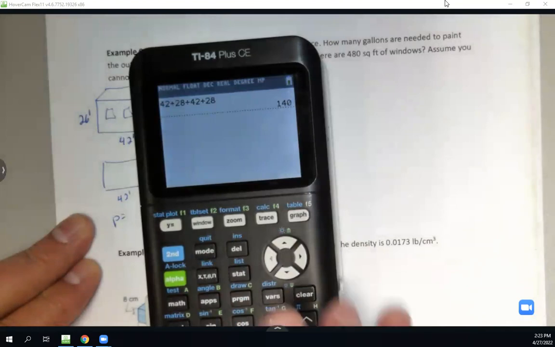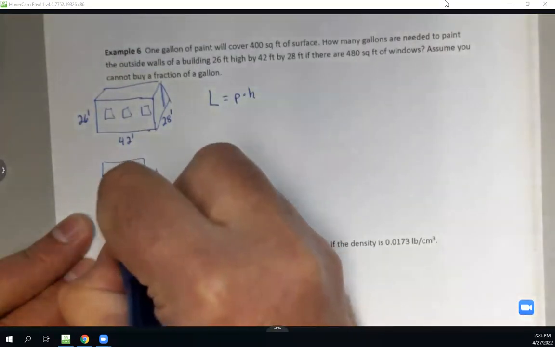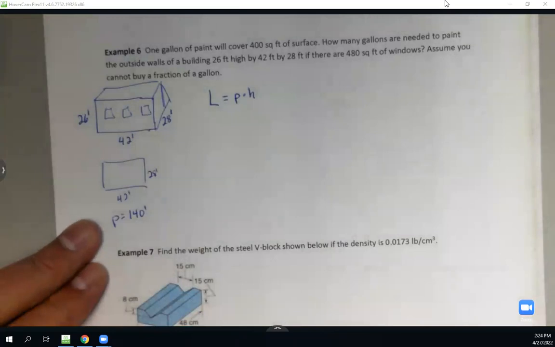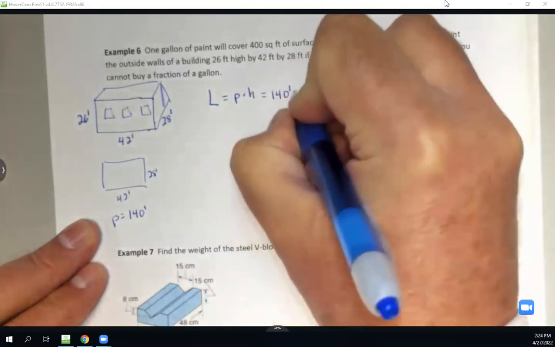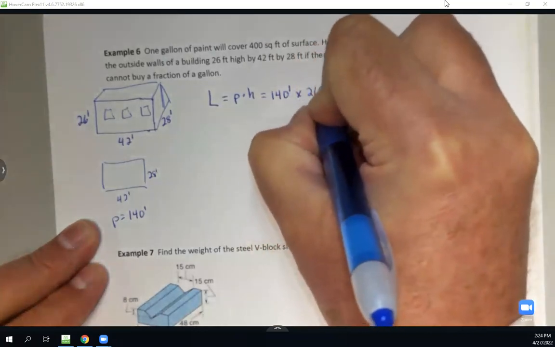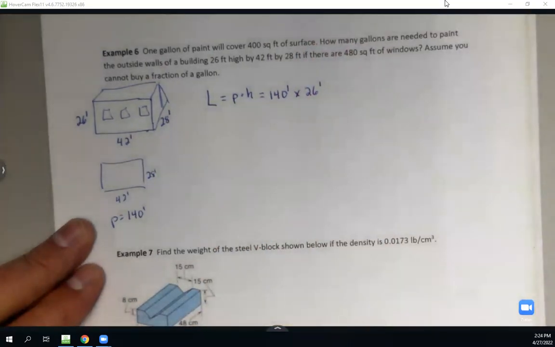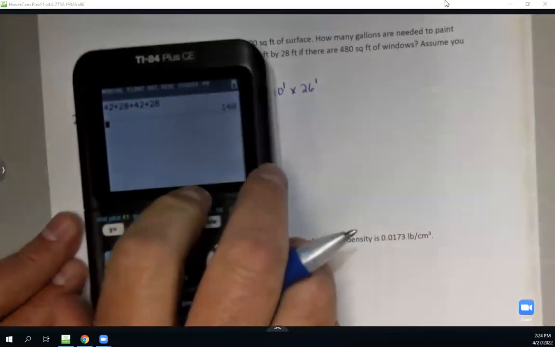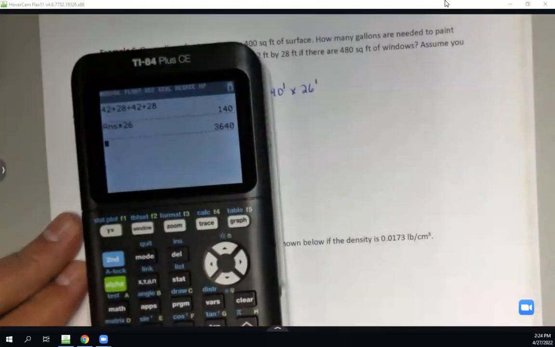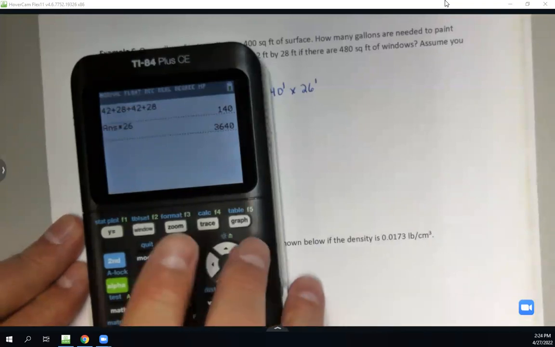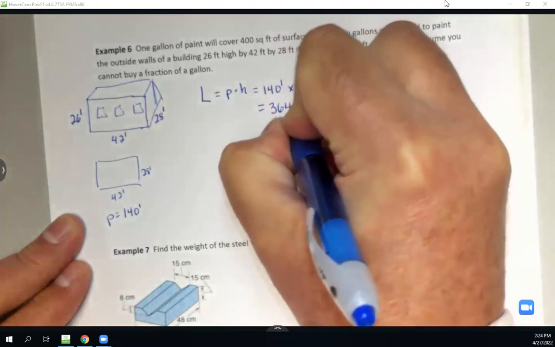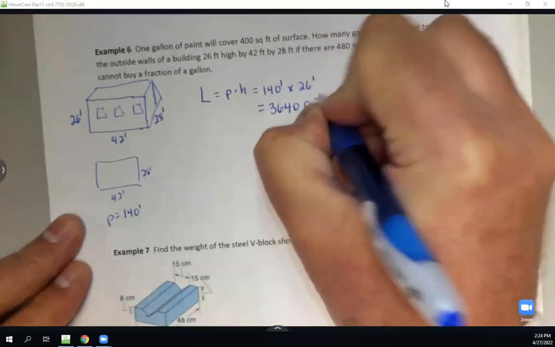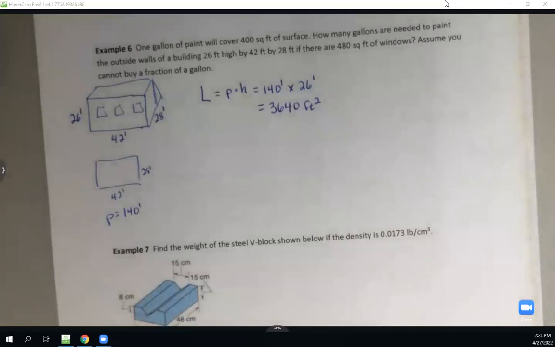So that's 140. So the perimeter is 140 feet. So my lateral surface area is going to be 140 feet times 26 feet. So that is 3,640 square feet. Y'all with me? Okay, not too terrible.